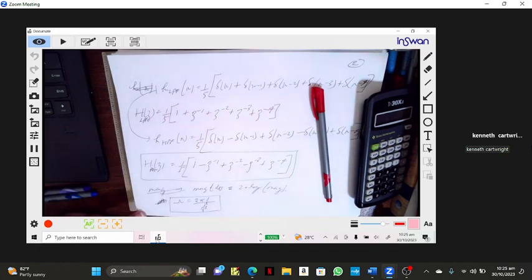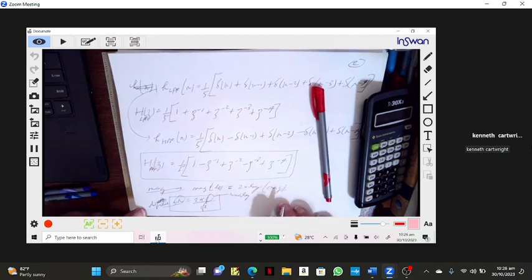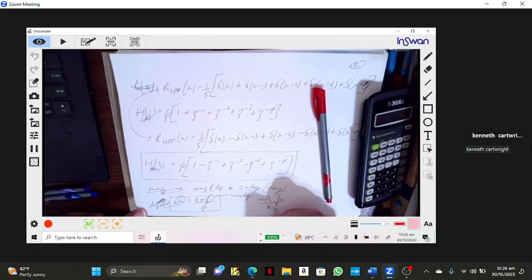This f here is the analog f. This is digital. So if we have digital, we just solve this for f. So this is omega fs over 2 pi. That's the analog f.